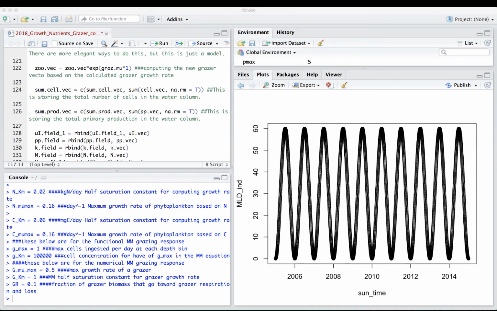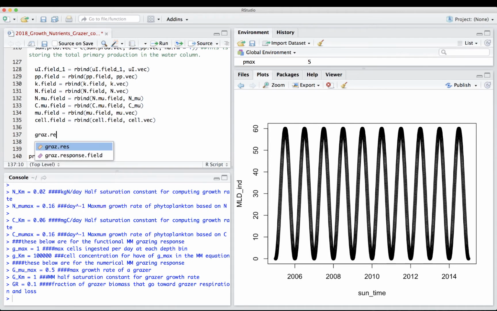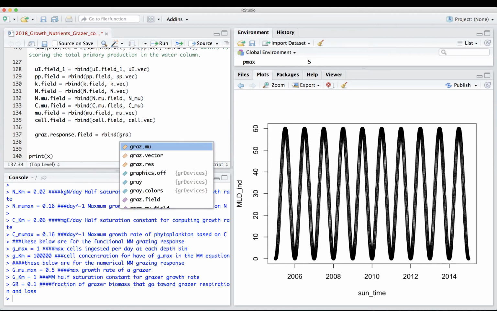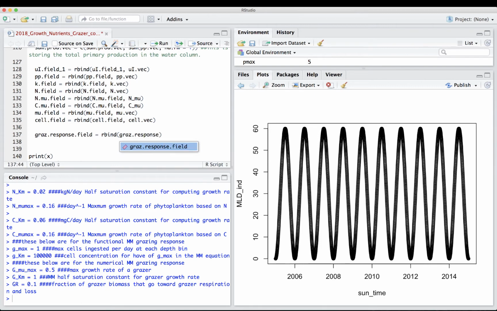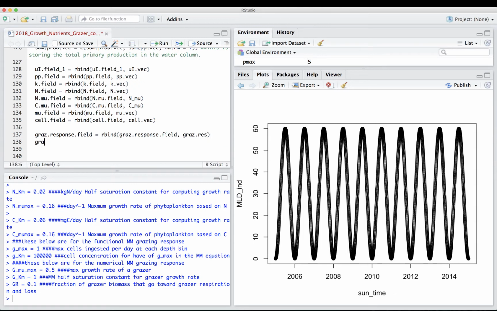All right, so now we just need to add a couple more fields down here. The Graz.response field is going to be rbind of the Graz.response field and the Graz response. This is going to be the Graz field.